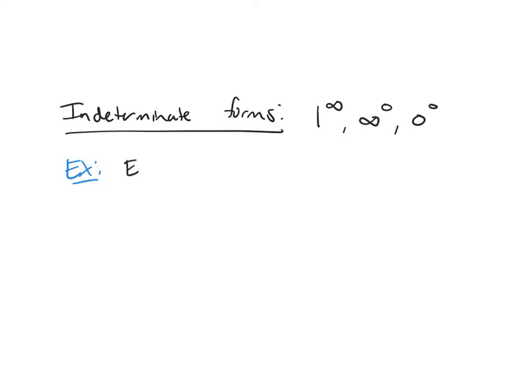Let's evaluate the limit as x goes to infinity of (1 plus 1 over x) to the x. If I look at the inside, 1 plus 1 over x, as x goes to infinity, that's going to get closer to 1. And then my exponent would be infinity.